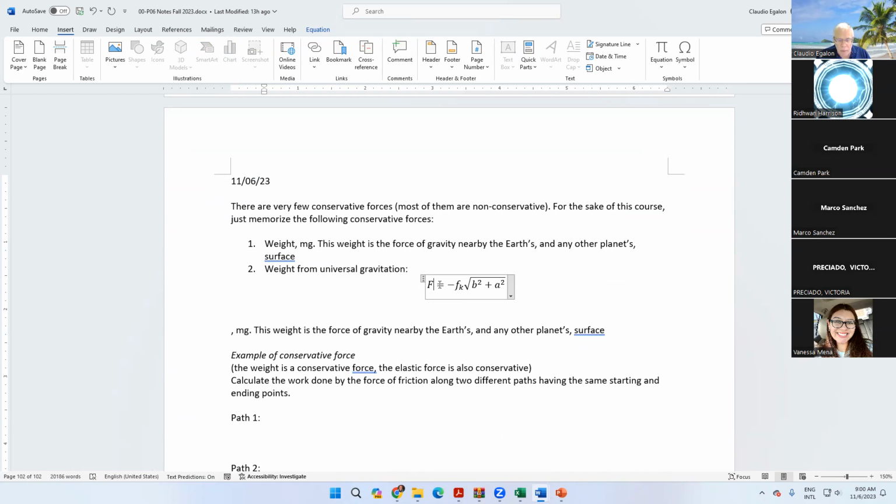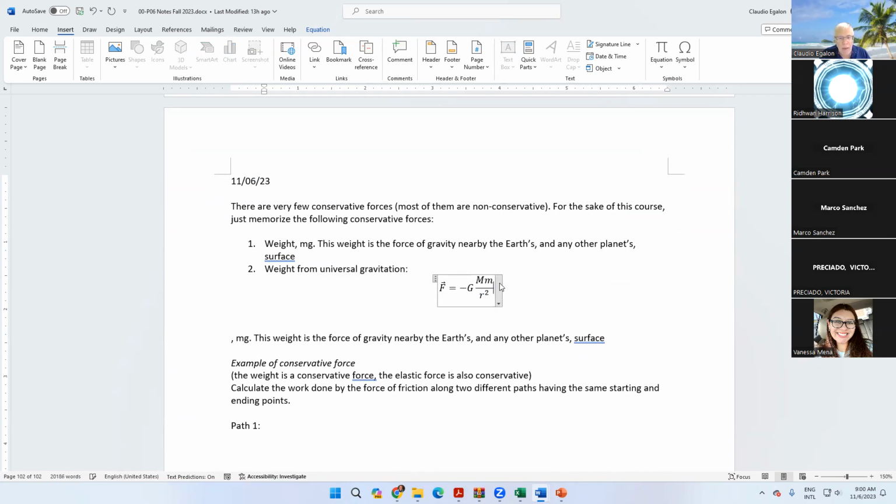I'm going to do it vectorially: minus G big M small m, divided by r squared. And just to simplify the notation, we're going to write it this way.